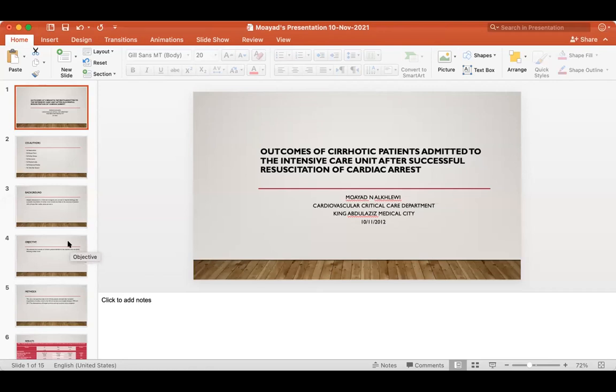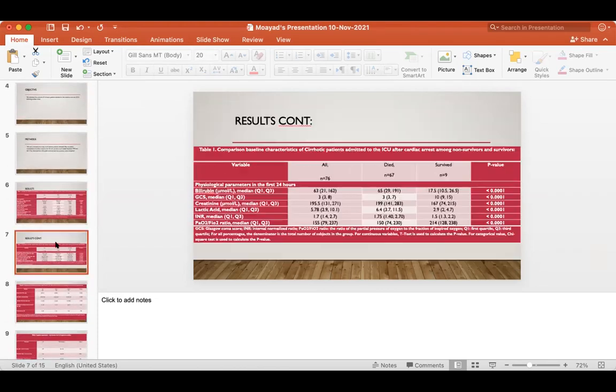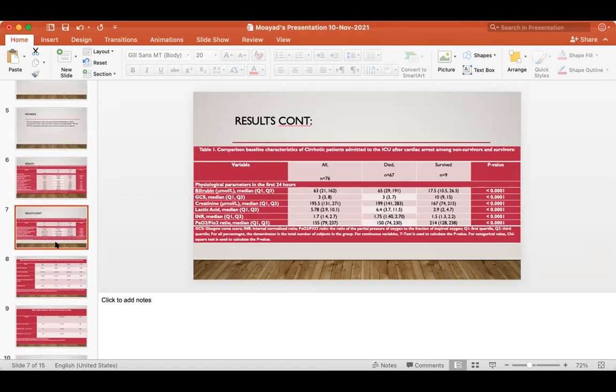Dr. Khalid Al-Maghribi, you have a comment? I have a question. Assalamu alaikum. Just two questions actually. Number one, these lab results, were they pre-arrest or post-arrest? At what time did you have them? And the other thing, do we know what the initial rhythm was for those patients when they got the cardiac arrest?